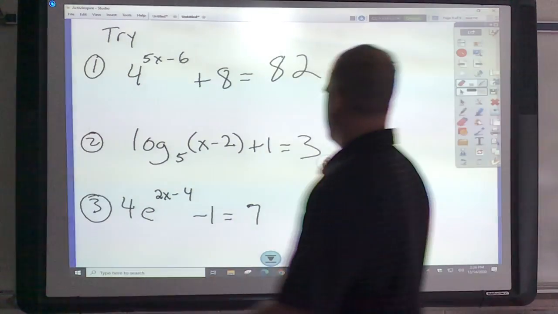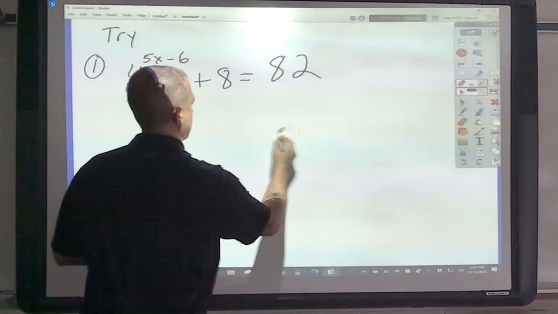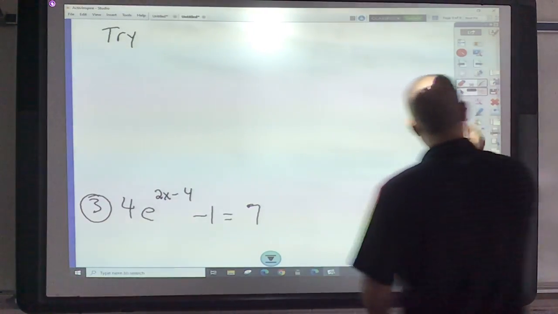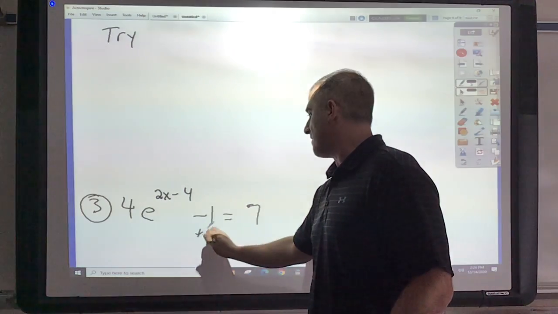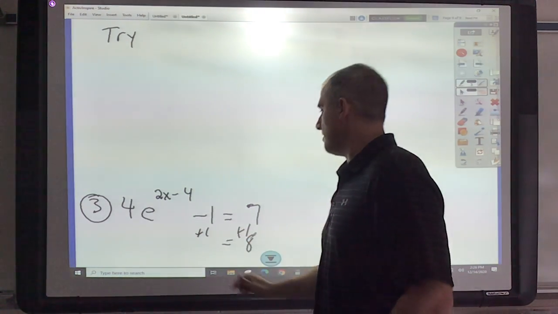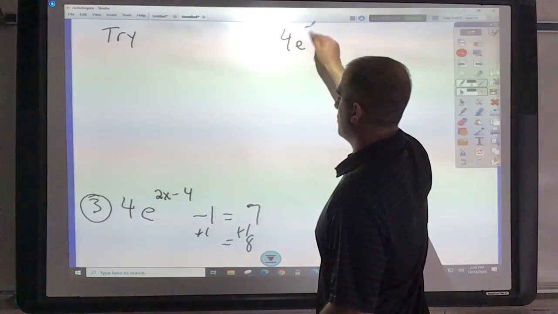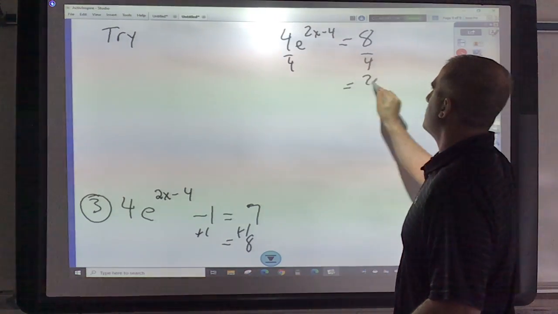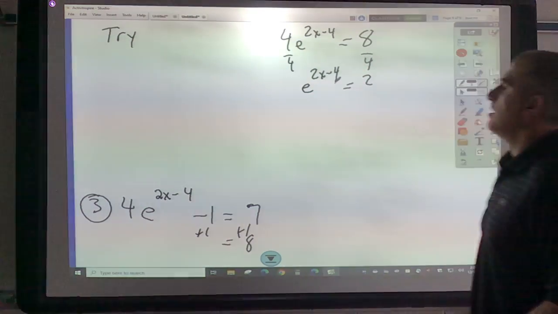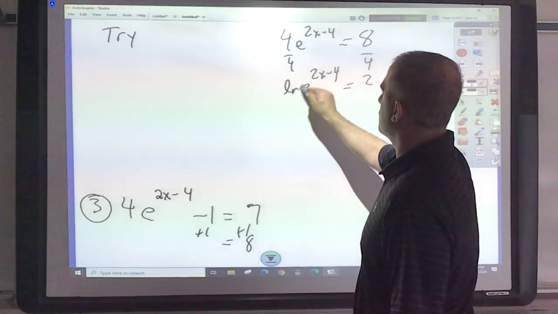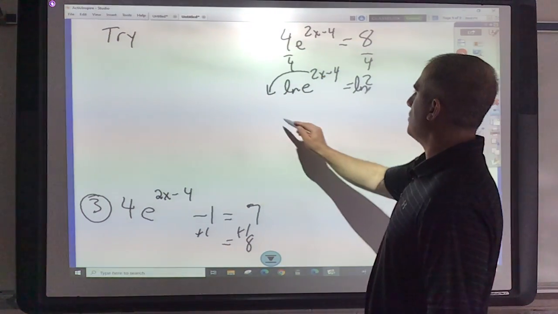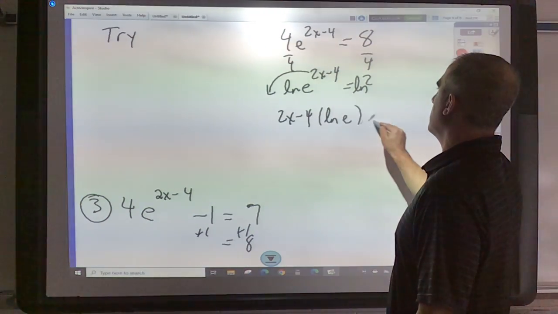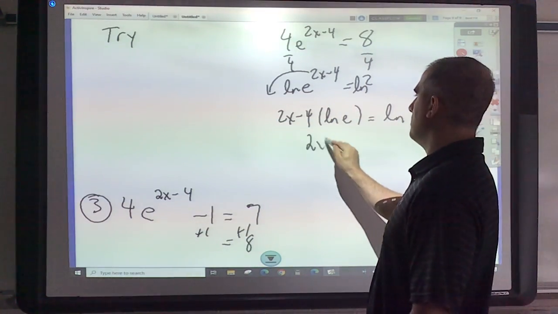Let me erase this up here. The first step I'd want to do here is add 1, which gives me 8 on this side. So I got 4e to the 2x minus 4 equals 8. Then I would divide this side by 4, which gives me 2. Then I want to do natural log of both sides, because the exponent is going to come down. So I got 2x minus 4 times natural log of e equals natural log of 2. We know natural log of e is going to become 1.